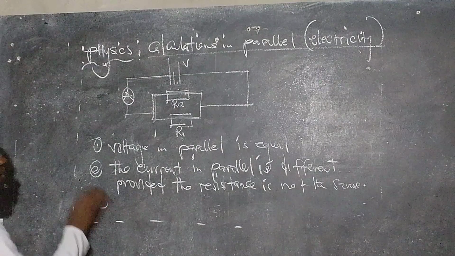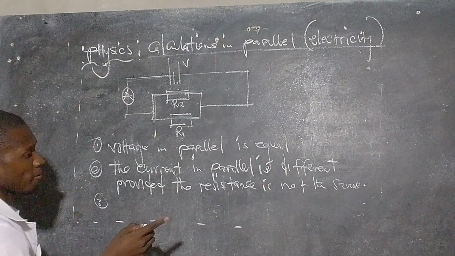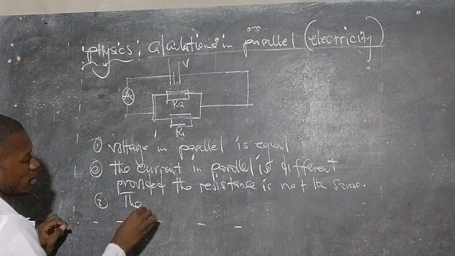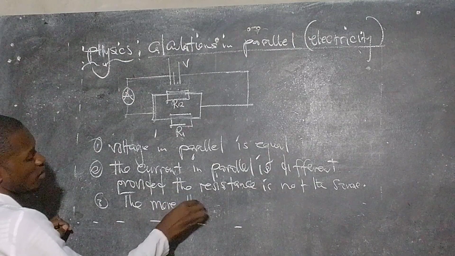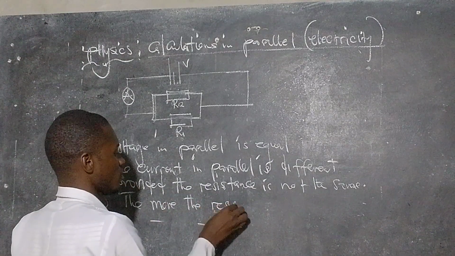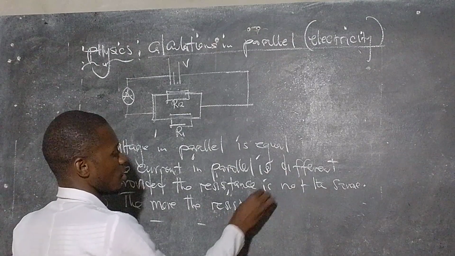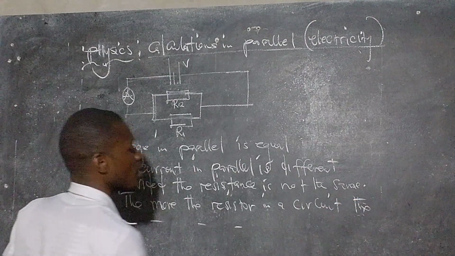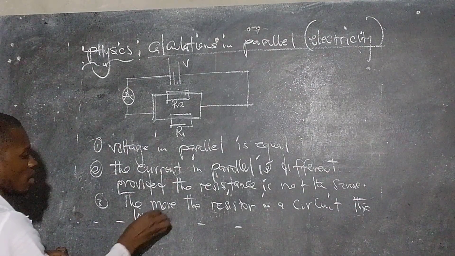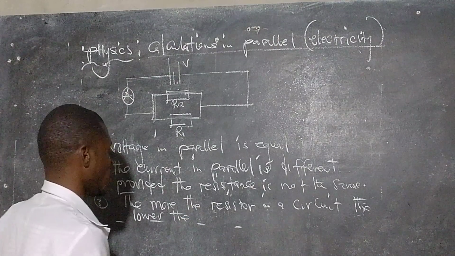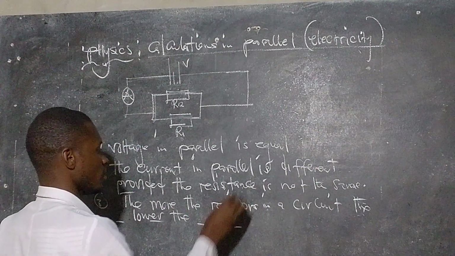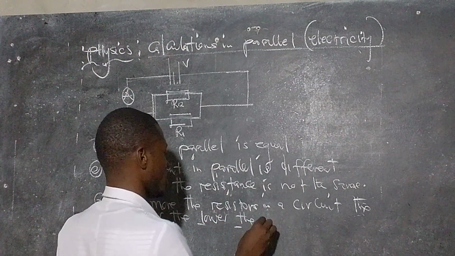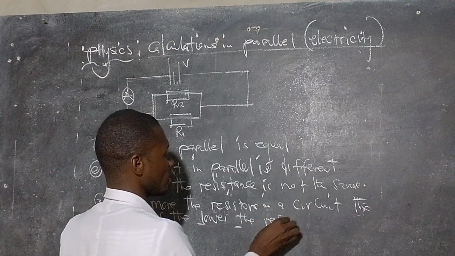Then the third one, which helps us to predict the outcome of the resistance: the more resistors in a circuit, the lower the resistance, not current.